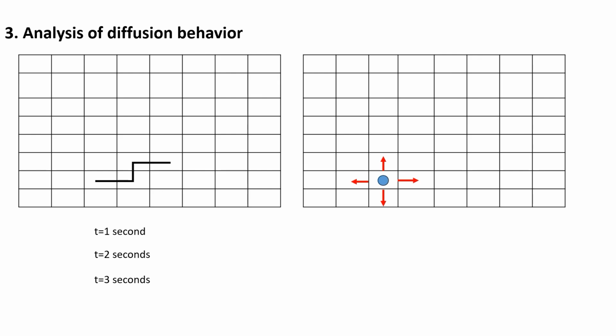If we fix time, let's say t equal 1, we don't know where the particle will be at time t equal 2, but we know that it has a 25% probability to go either left, right, up, or down. In other terms, at a fixed time, the particle can be described as a random variable.